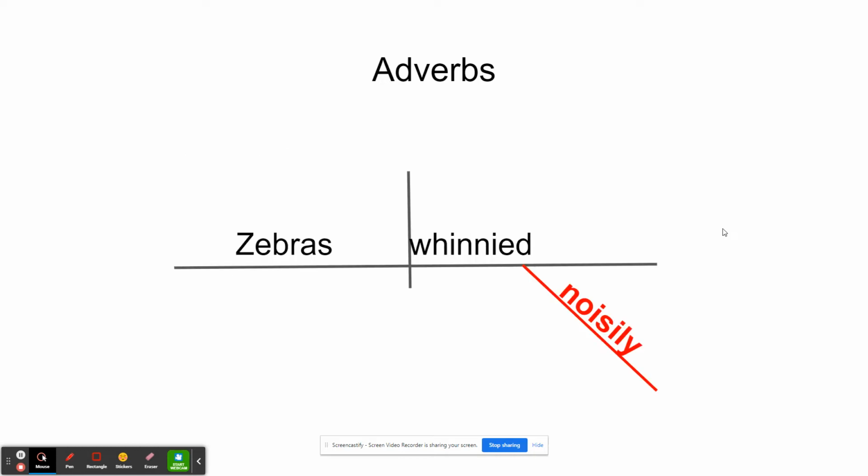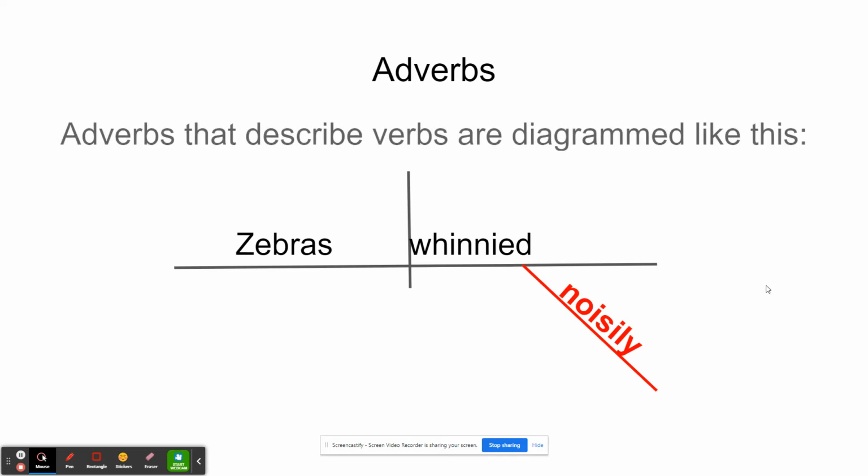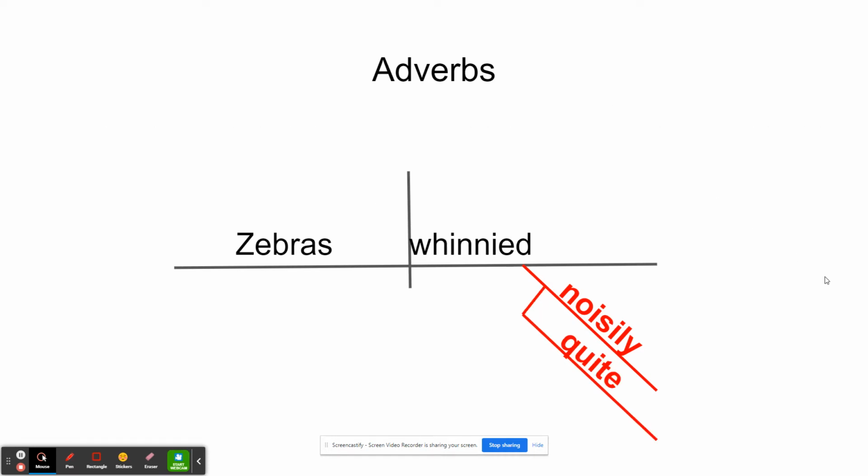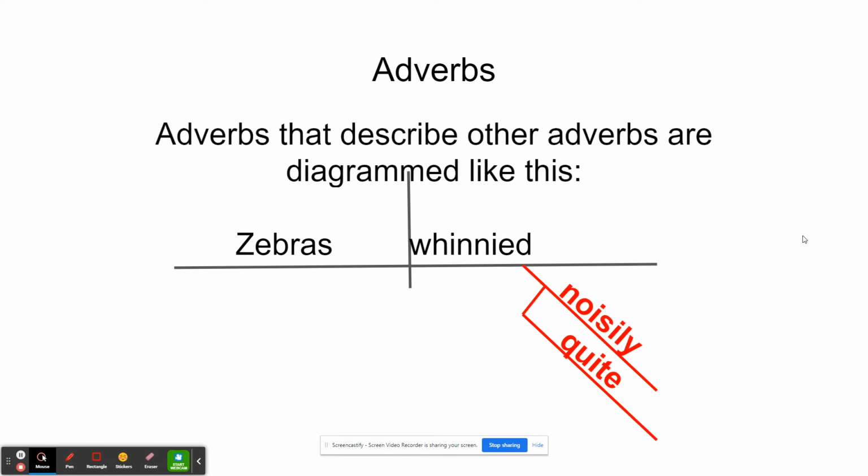Well, scholars, we have been studying adverbs, how to diagram adverbs that describe verbs, which is what you're seeing right here. Zebras whinnied noisily. Noisily is an adverb describing the verb whinnied. Then we moved on from adverbs that describe verbs to adverbs that describe other adverbs.